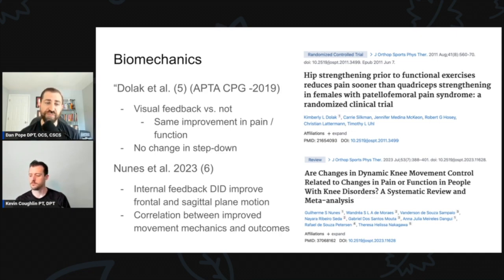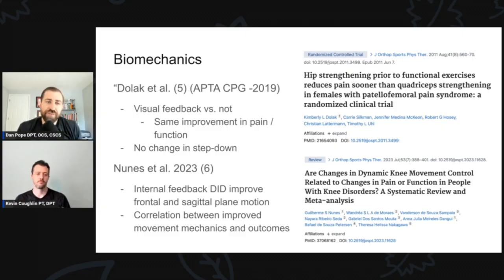And what they found is that when you did cue better movement, so less valgus, that did correlate to improved movement mechanics and outcomes. So essentially, in this study, it kind of showed the opposite. It showed that if you cue people to have better motion, it does improve the outcome. And then if you test them on, I think they used a step down as well as a single-legged squat, it improves their movements.